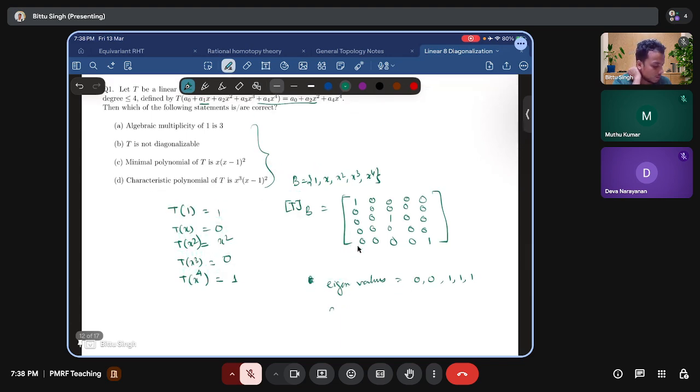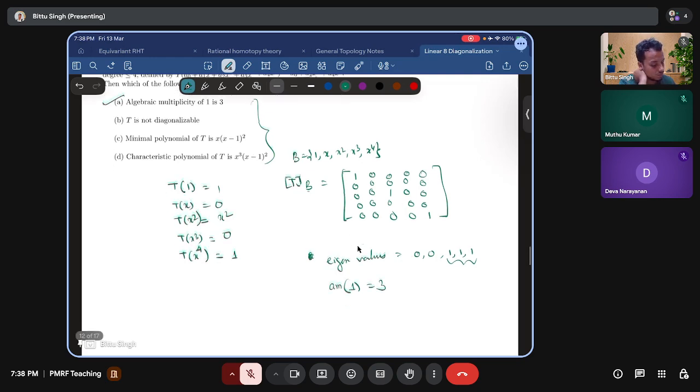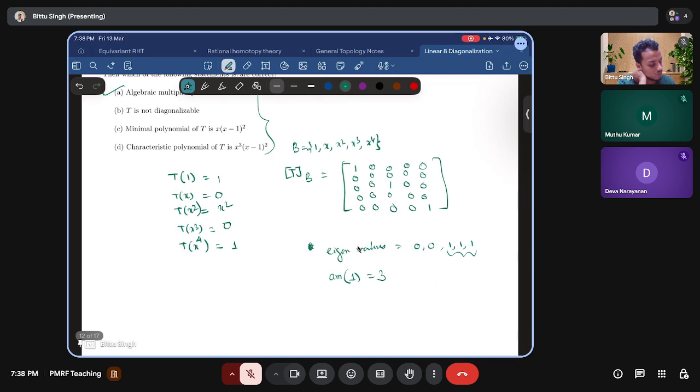now from here it is clear that the algebraic multiplicity of 1 is 3, it is appearing 3 times. Now what about this option? So this is correct, T is not diagonalizable. Is it true? So let us see. If we subtract lambda, where lambda is 1, T minus lambda I, the identity.